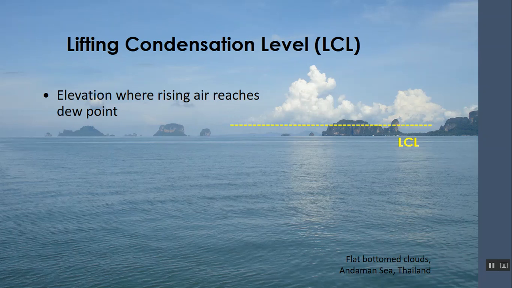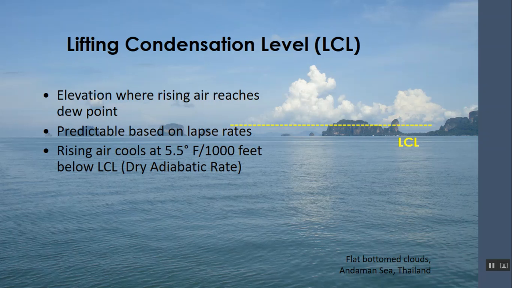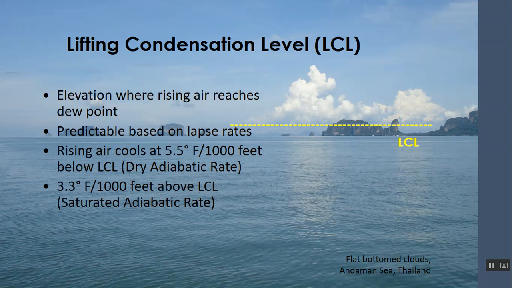And so this is the elevation where rising air reaches the dew point. And it's predictable based on lapse rates. So air cools at a very specific rate as it rises. Below this LCL, it cools at 5.5 degrees per 1,000 feet, which is called the dry adiabatic rate. And then above that, it cools a little less quickly.